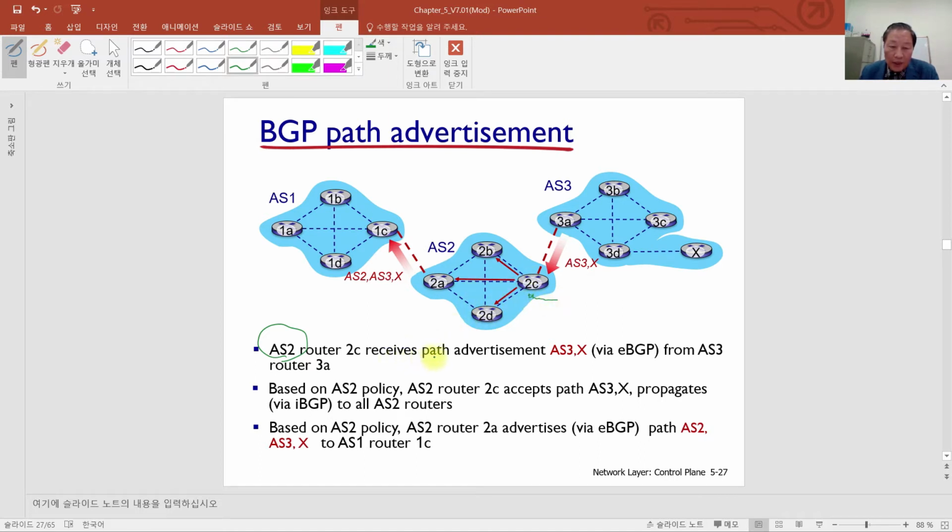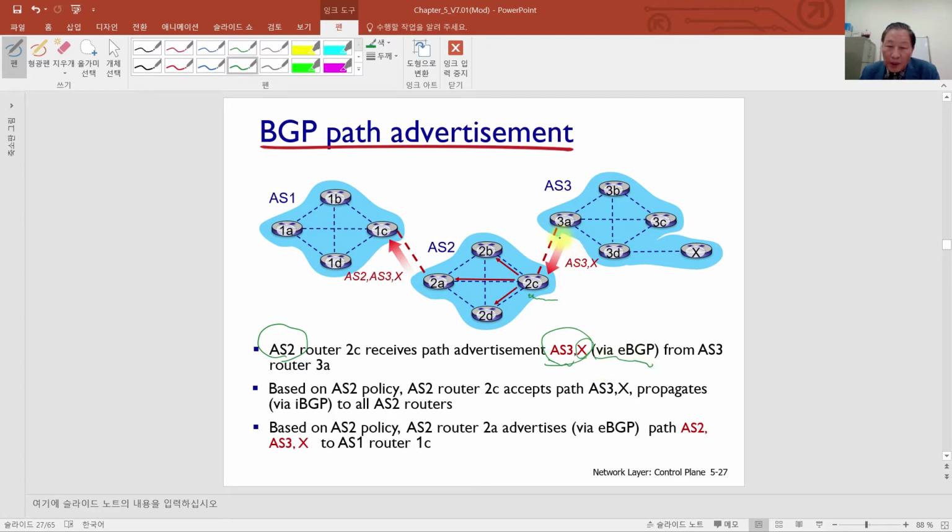This one is receiving a path advertisement, which was done in the previous slide also: AS3 and X. That means X can be reached through autonomous system 3, and this is accepted, and that will be guaranteed to deliver. And 3A is making that promise.